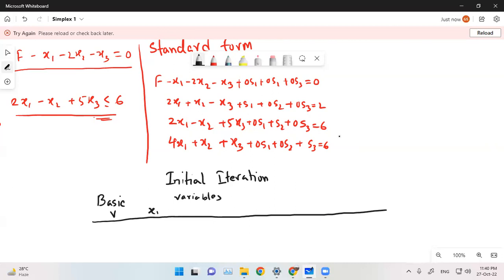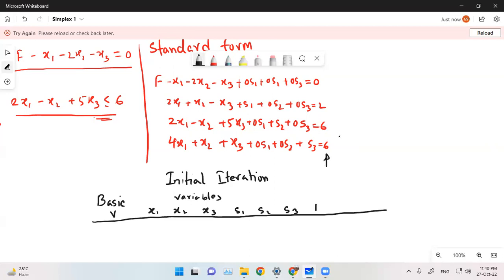So x1, x2, x3, s1, s2, s3. Then we'll have the right-hand side values, basically these values.